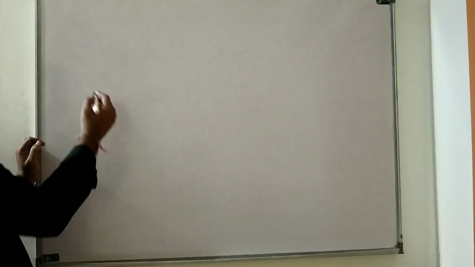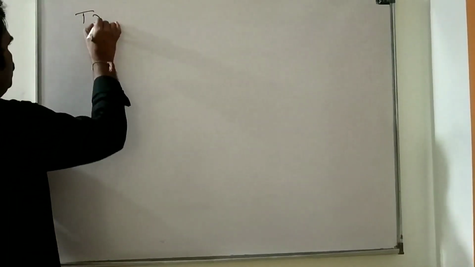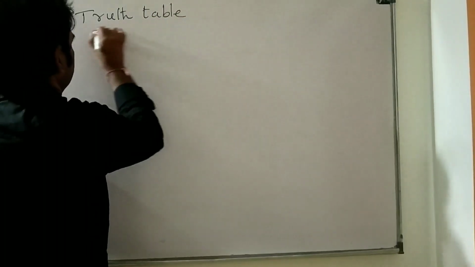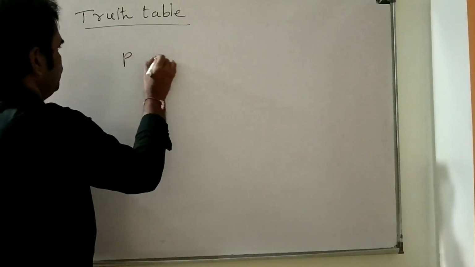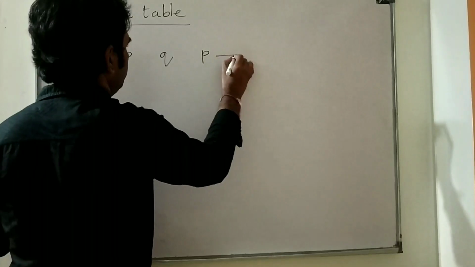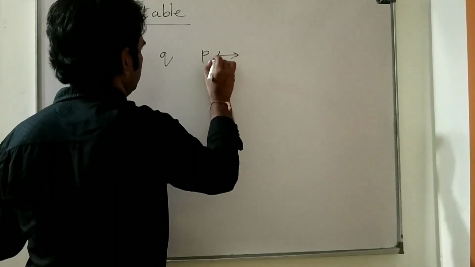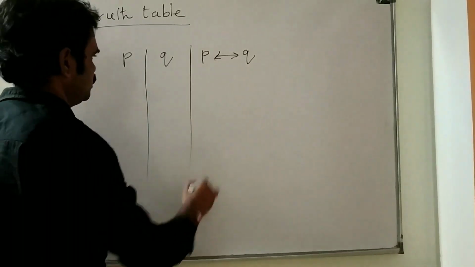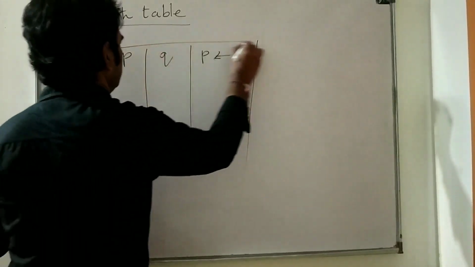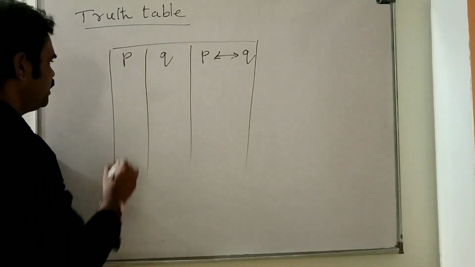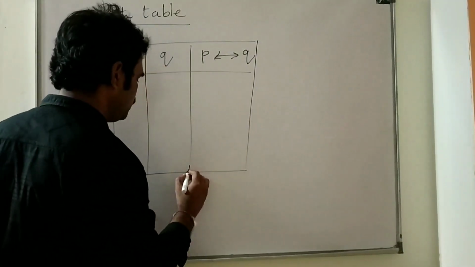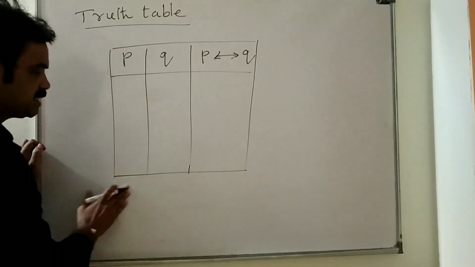See the truth table for biconditional. P, Q, P bi-implies Q. So you know that biconditional is true only when both the statements have the same truth values.